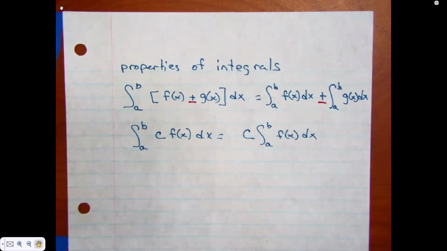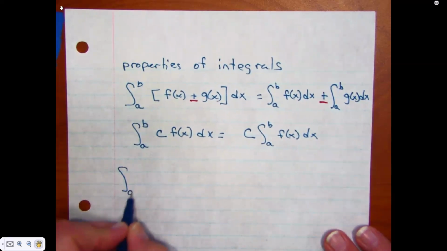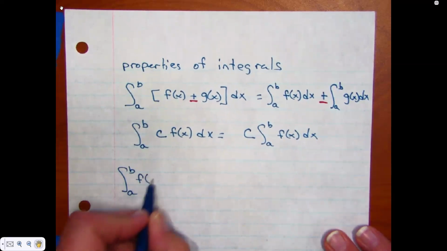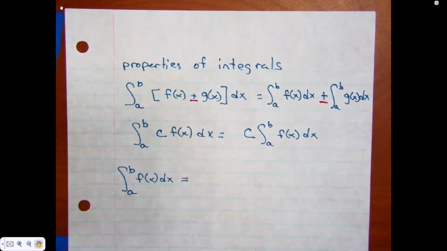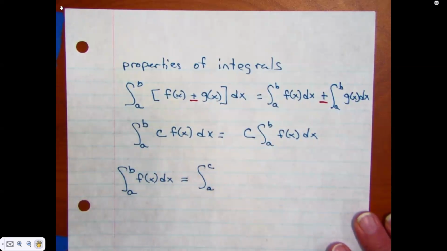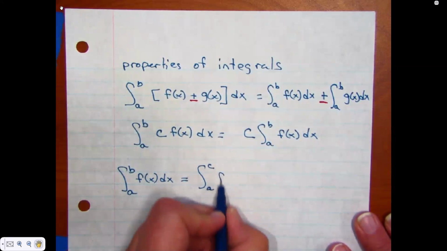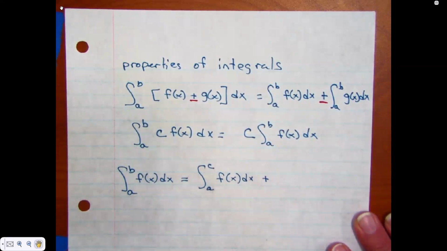I guess this one's kind of weird, but let's look at this one. If we have the integral from a to b of f of x dx, this comes up, I think, more in Calc 2. If for some reason you want to split it, we're going to do an integral from a to just c of f of x dx, we can add to that an integral.